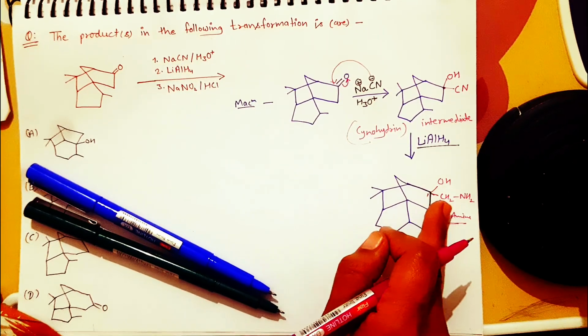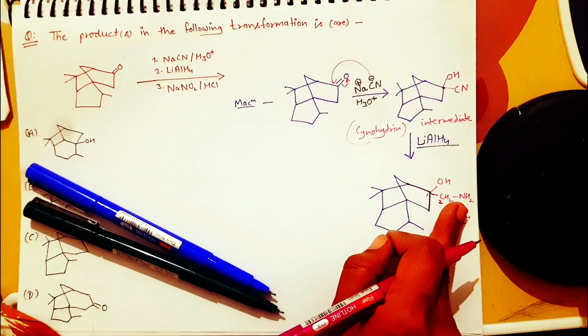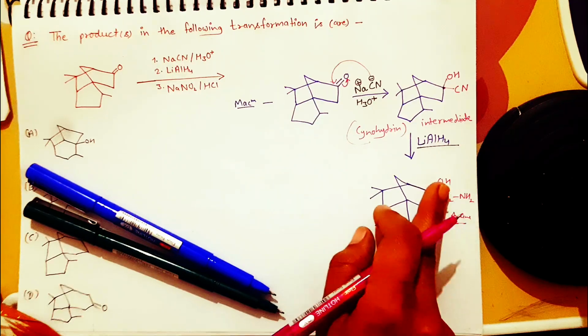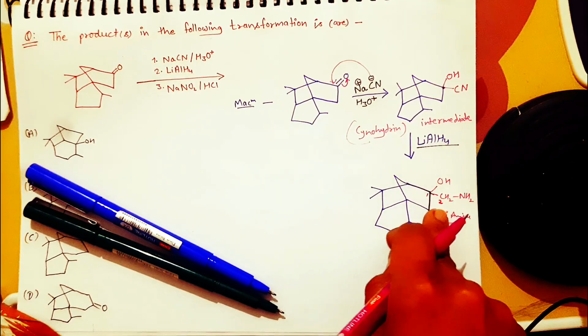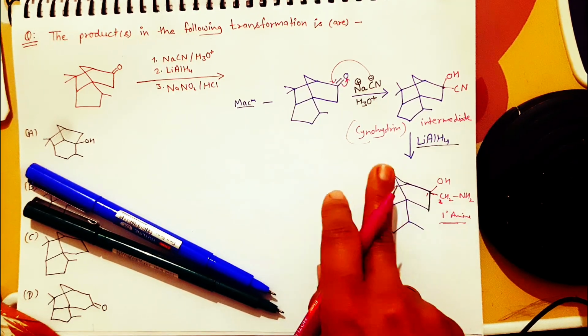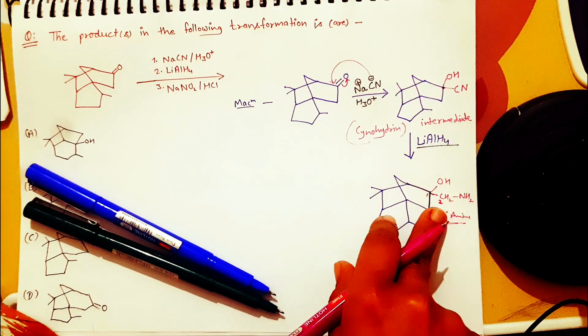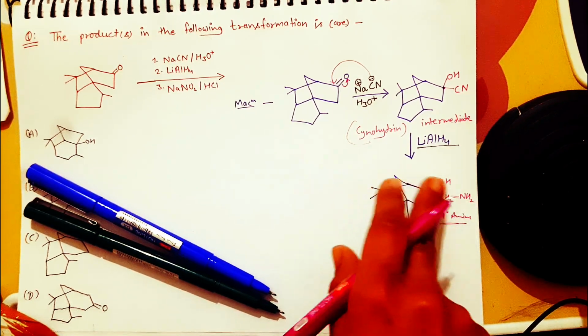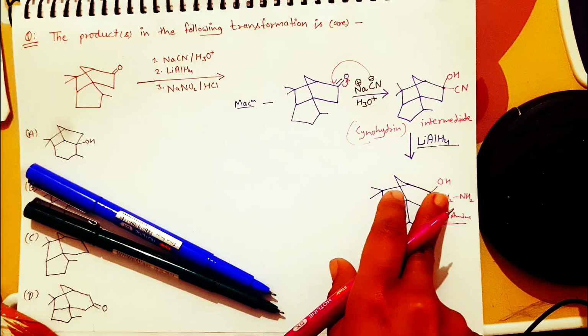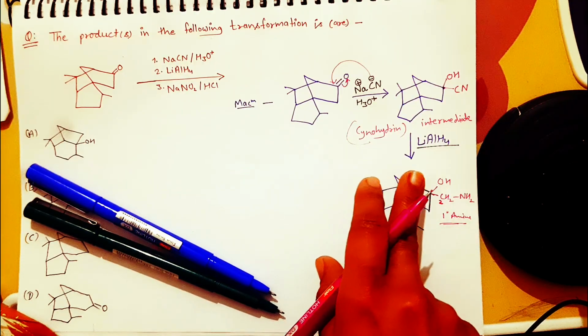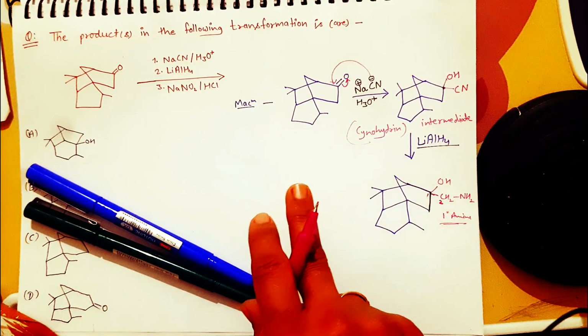Here at positions 1 and 2, two functional groups are present, and this looks like an elimination reaction. In an E2 elimination reaction, you know that the anti-periplanar leaving group leaves the compound, and an anti-periplanar hydrogen moves to that carbon atom.